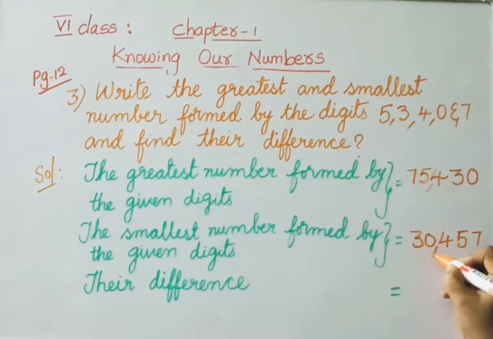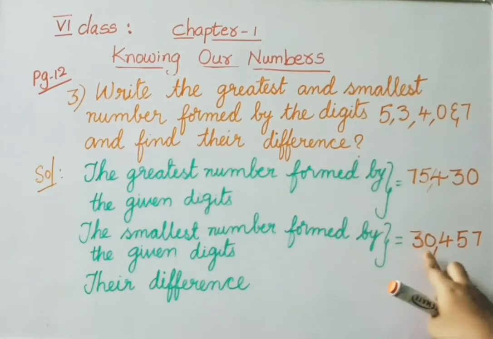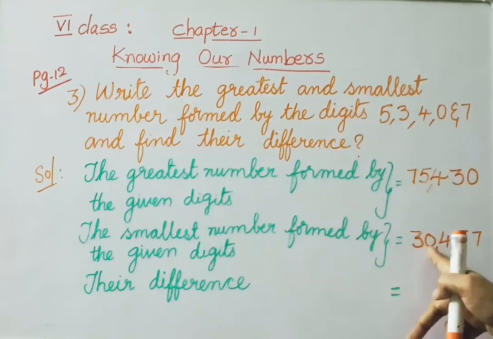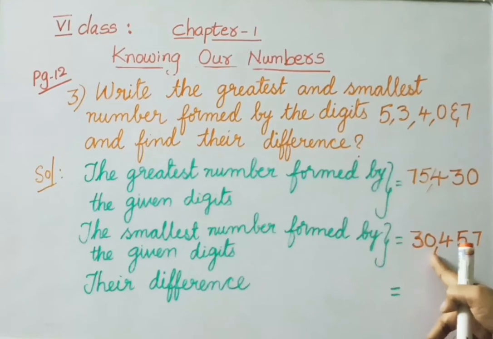So the smallest number formed by the given digits is 30,457. If we place them in reverse order, 0 and 3, it becomes 3,457. So we need a 5-digit number. That's why we changed their order. We place the 0 in the second place from the left.